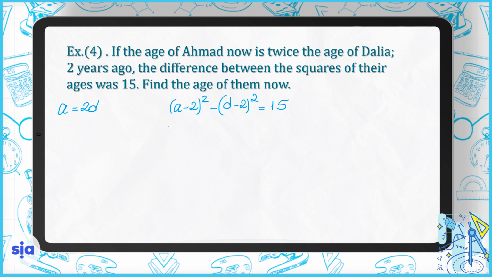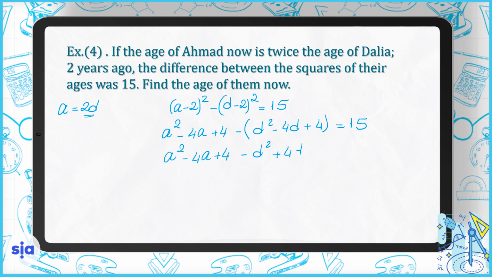If I expand this, a squared minus 4a plus 4 minus d squared minus 4d plus 4 is equal to 15.